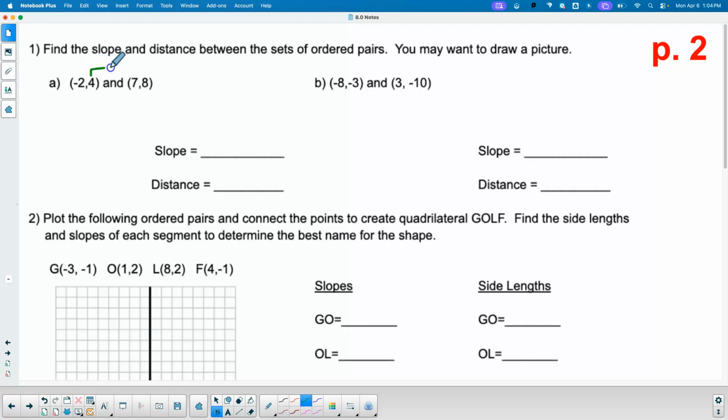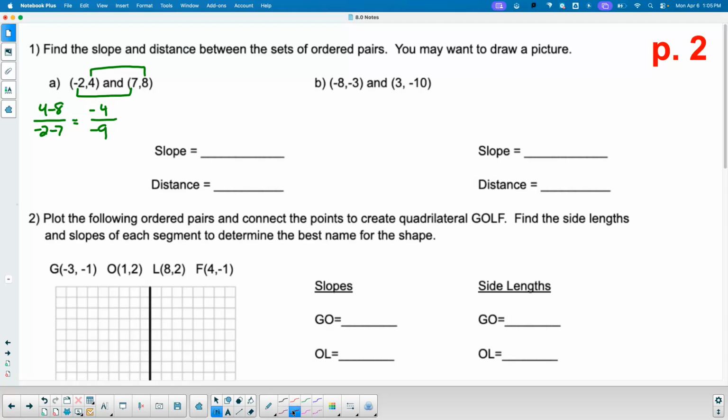So I'm going to go 4 minus 8 over negative 2 minus 7. 4 minus 8, anyone? Negative 4. Negative 2 minus 7. Negative 9. Do I like the fraction negative 4 over negative 9?